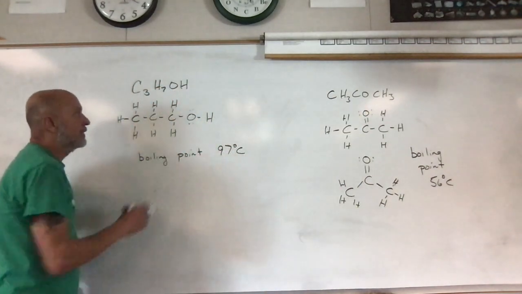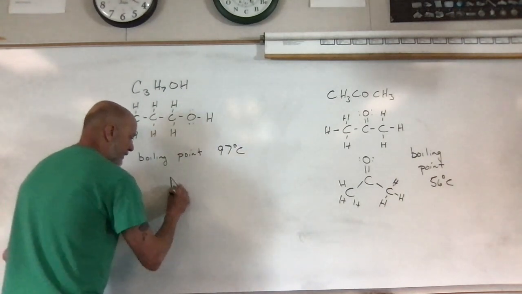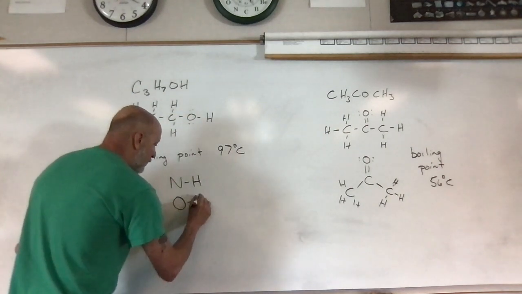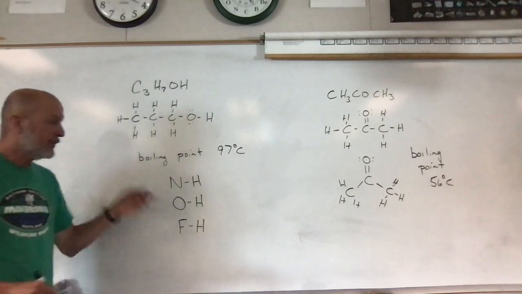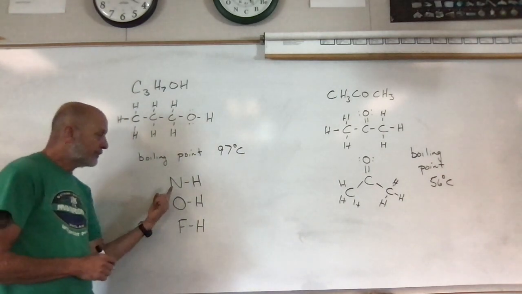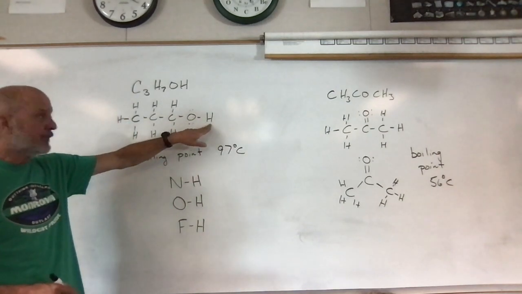What does that do? If I have one of my big electronegative atoms bonded to hydrogen, NH, OH, FH. If I have this situation, not just one of these big 3 electronegative atoms, but specifically bonded to a hydrogen, what makes the big difference there?